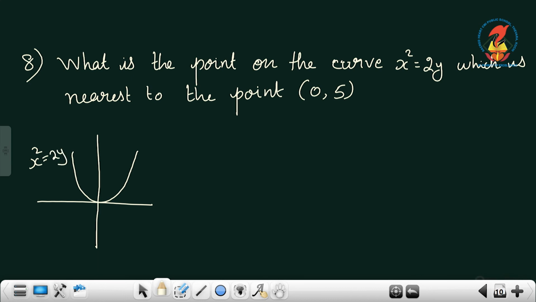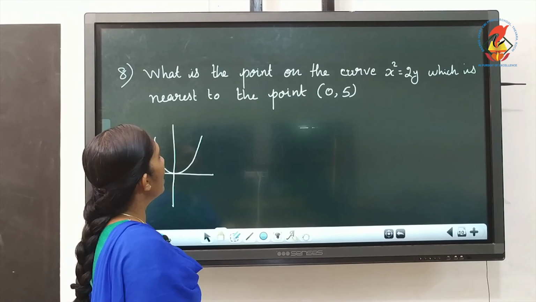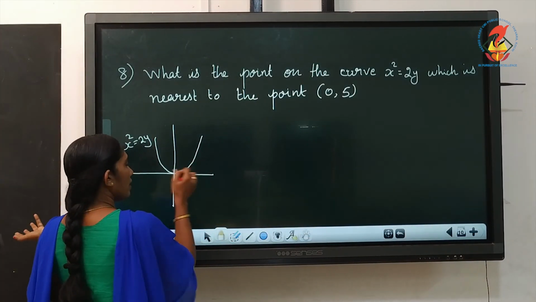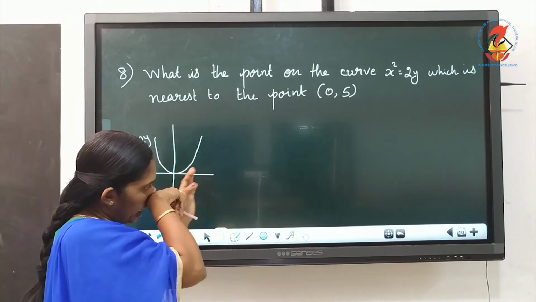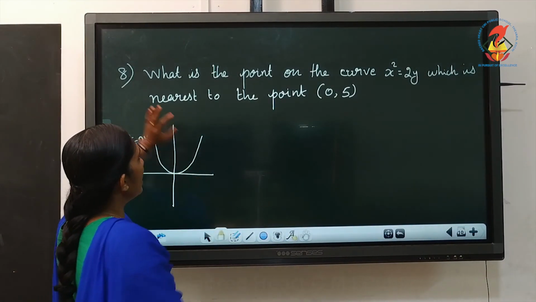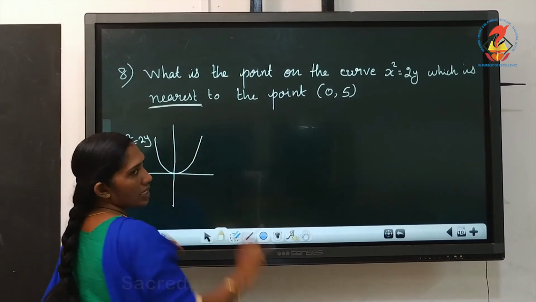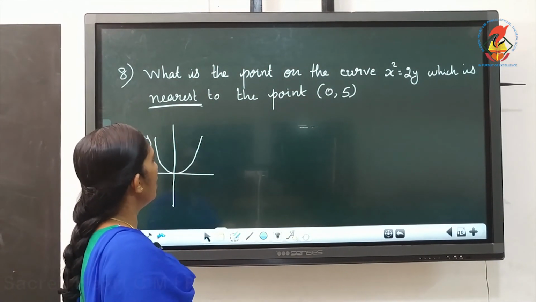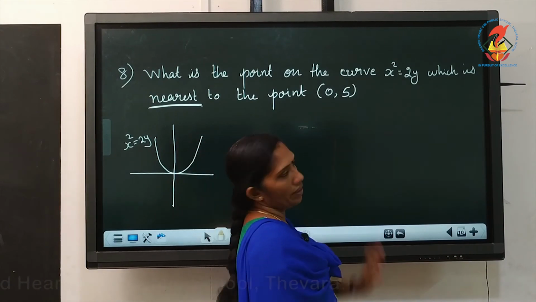We don't know the point, there are so many points on the curve. The point on the curve which is nearest means the distance is shortest to the point 0, 5.